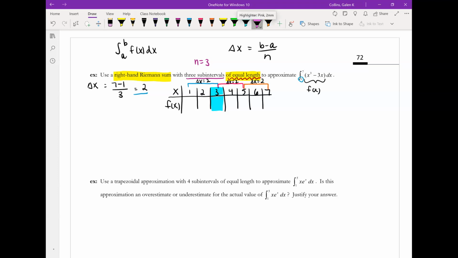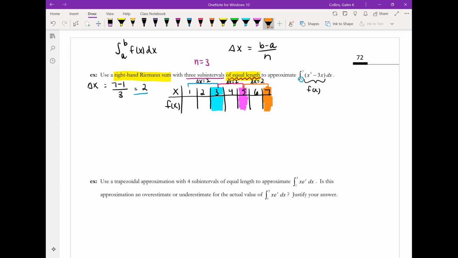For my next rectangle, with the left boundary at 3 and the right boundary at 5, I need to use the 5. And for my last rectangle, with boundaries at 5 and 7, I need to use the 7.